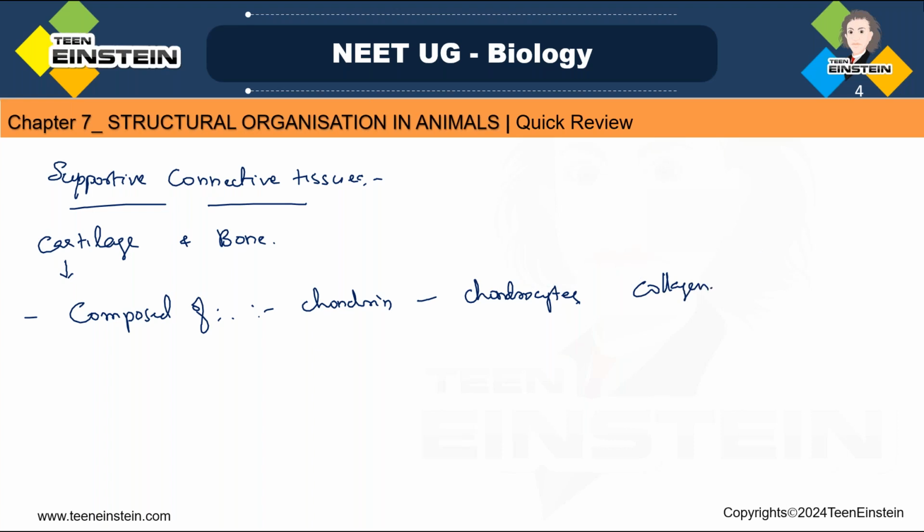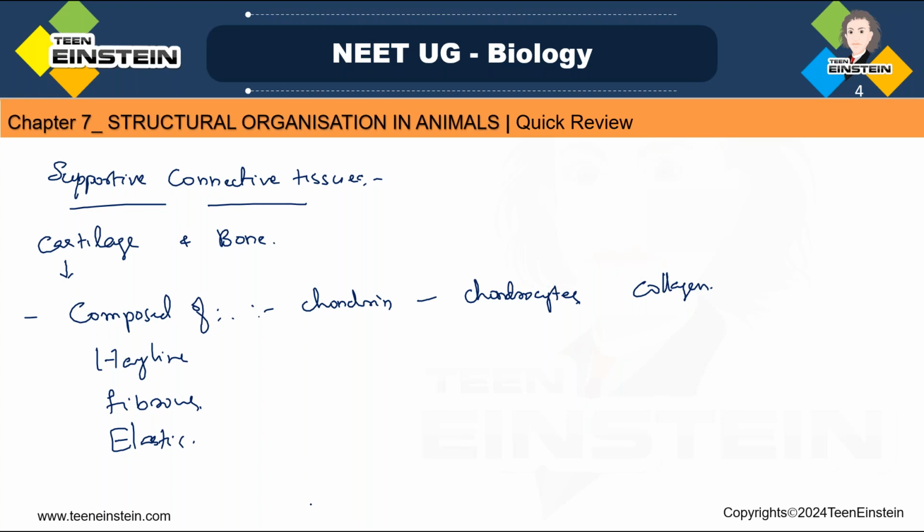Here we are talking about cartilage. This cartilage is of three types. Which are the three types of cartilage? Hyaline cartilage, fibrous cartilage, and elastic cartilage. So in supportive connective tissue we have to learn about cartilage, and another one is bone.